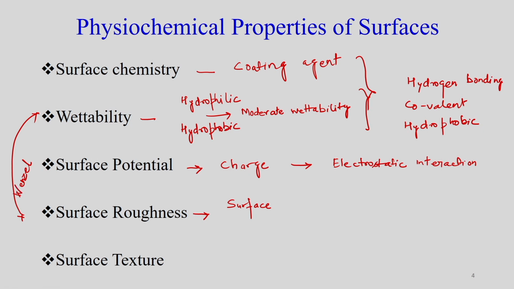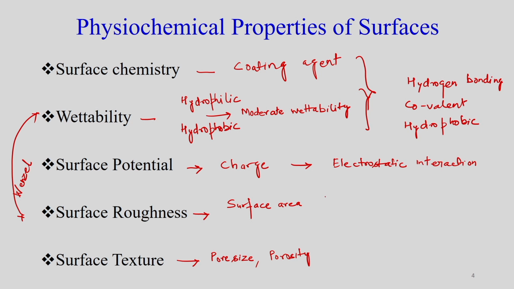Basically, if you are increasing the surface roughness, you are increasing the surface area of contact, and that surface area is going to regulate the interfacial interactions. Apart from surface roughness, the surface texture may include the pore size, sometimes the porosity of the coating.